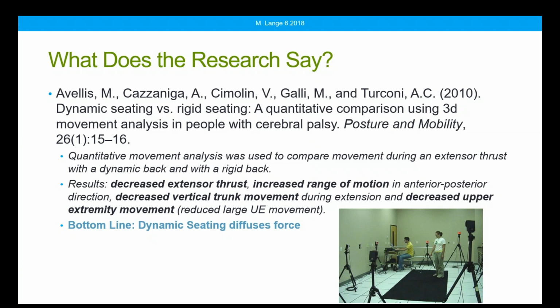There were also decreased upper extremity movements, and the team that did this research believed that this was because the client had movement going where it should be. That movement was being absorbed, and they didn't see the overflow in the upper extremities, or the client may not have been stabilizing as much with the upper extremities during movement. So bottom line, dynamic seating was found to diffuse this force.